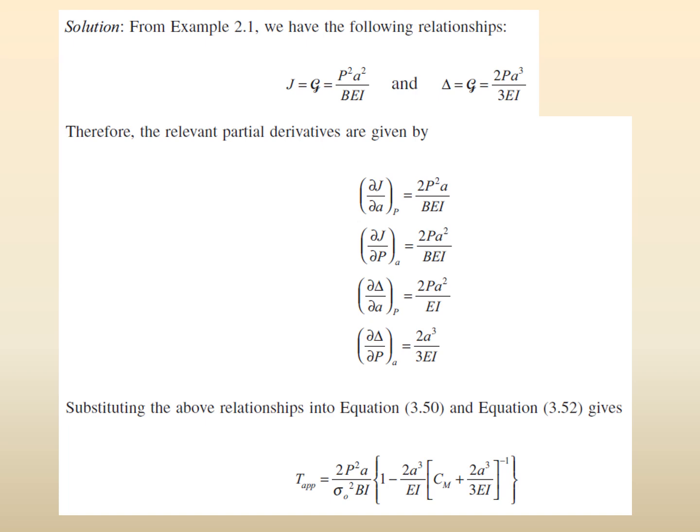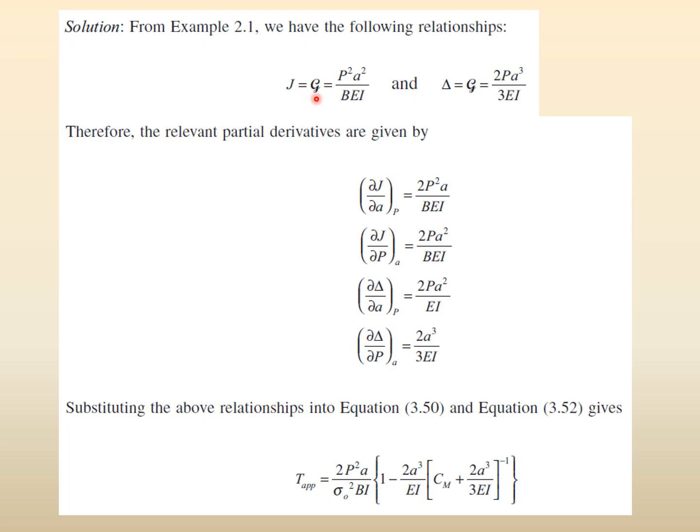So now because it is linear elastic, we know that G is equal to P squared a squared upon B EI for the double cantilever beam, and delta is equal to 2P a cubed upon 3EI. These two results we have done earlier, but the only thing is that J is the same as G if it is linear elastic conditions.